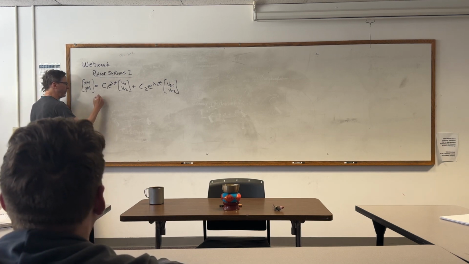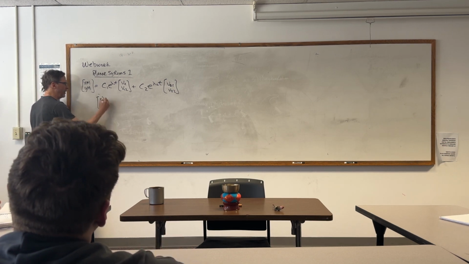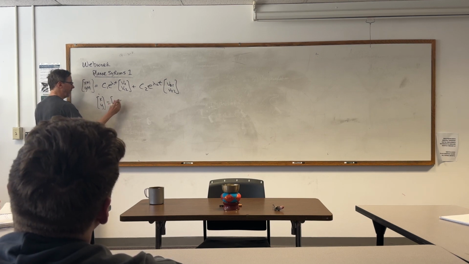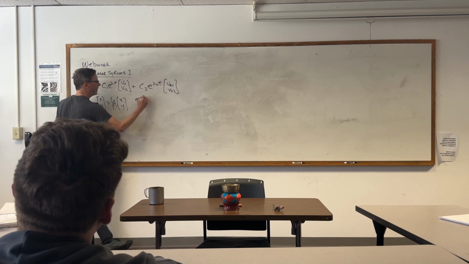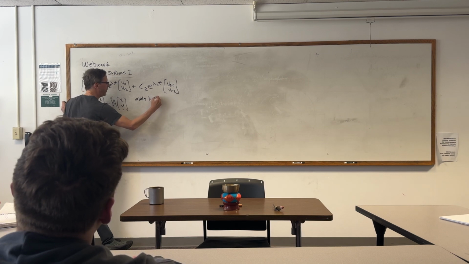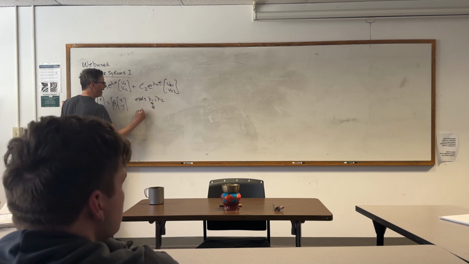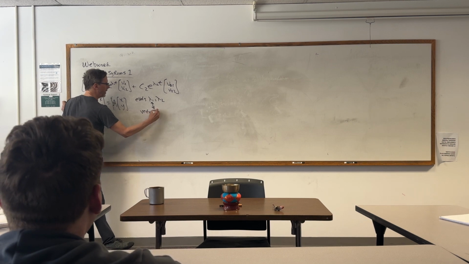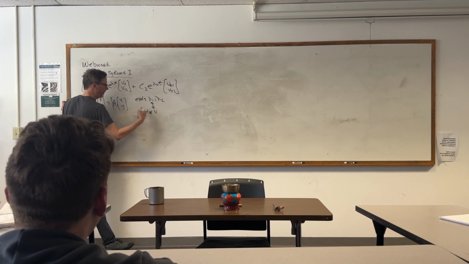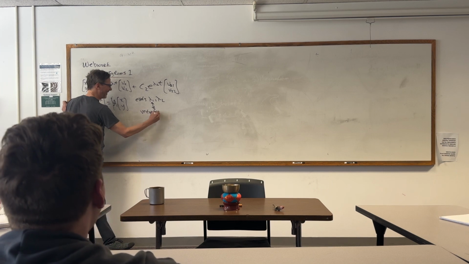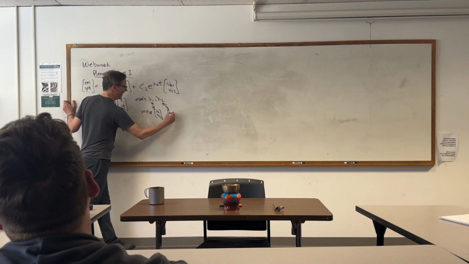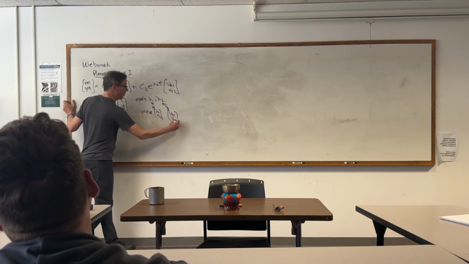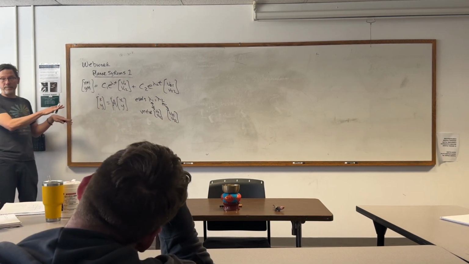This is for the system where you've got x, y dot equals some matrix A times x, y, and we have eigenvalues, lambda 1 and lambda 2, corresponding with the vectors v1, v2. So that's what those first 2 problems are all about.